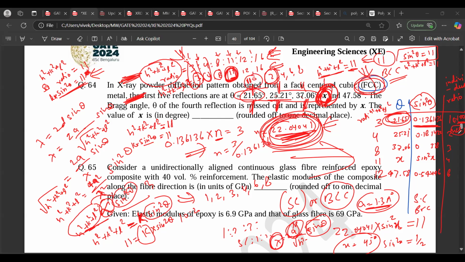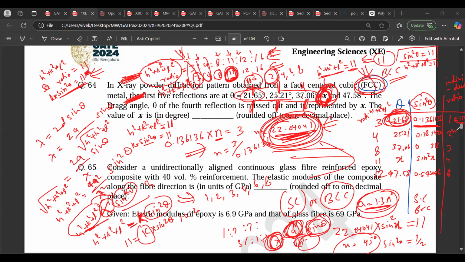So if SC is not matching the given A, you take the first peak as 110. Now you know HKL, you know your lambda, which should be given in the question, and you know your theta, so you find out the A. If it matches the question, then it is BCC.